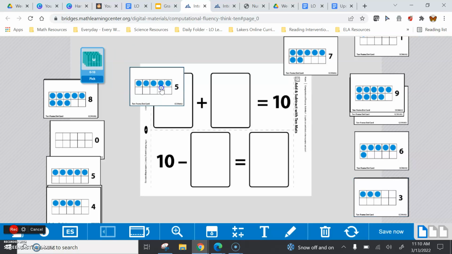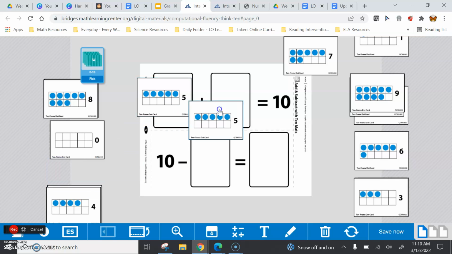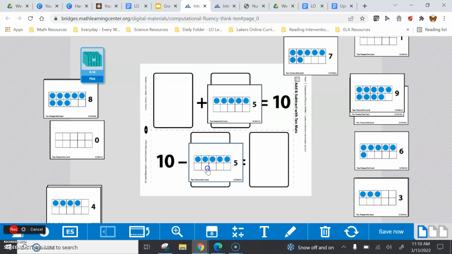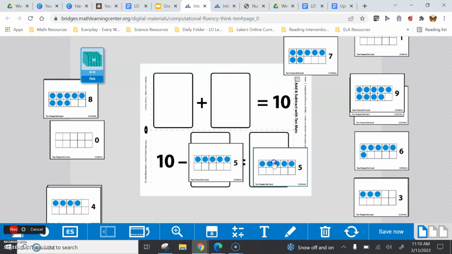So here we have, good one, 5 plus 5. 5 plus 5 equals 10. And then we can say 10 minus 5 equals 5. Very good.